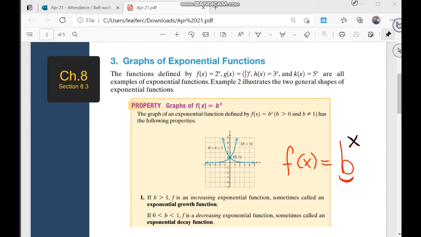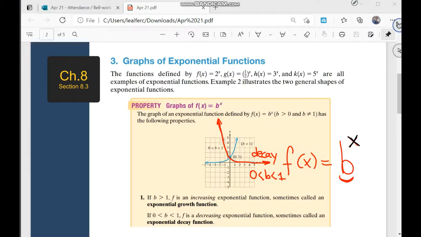A decay: the function starts with a high value and will go down, down, down very quickly, and then reach 0. This is a decay. We have a decay when b is between 0 and 1. So 0 less than b less than 1, okay?